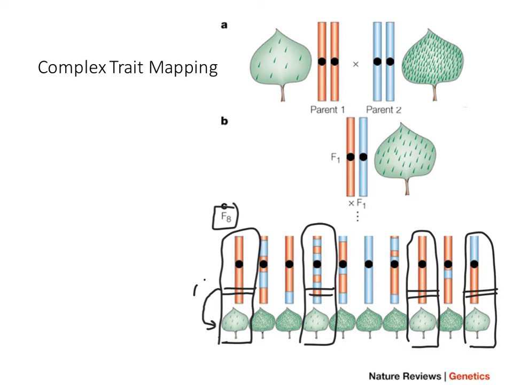So we'll call this locus 1, gene 1. Just a little higher up. So we've got that little block of chromosome 2, is also consistently red in every individual that has few leaves.